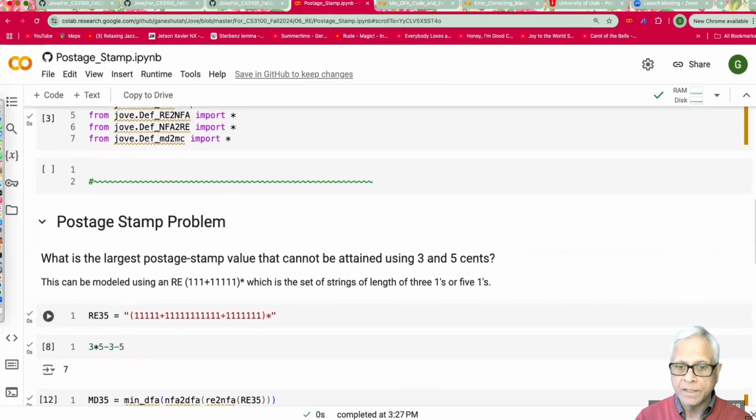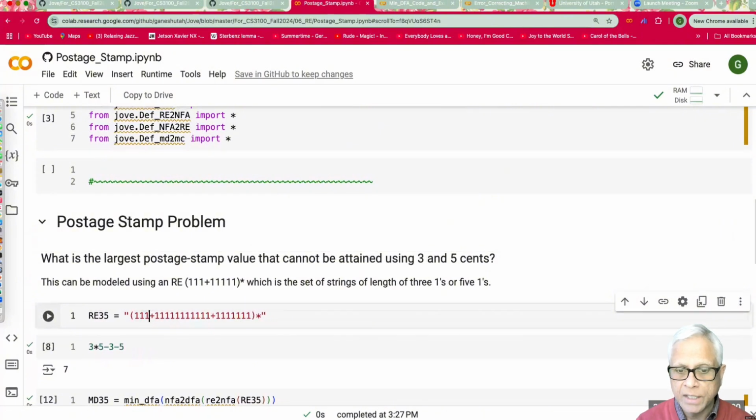How about if I try stamps that are not relatively prime? Let's say 6 and 9. What would be the answer? The expression is (111111 + 111111111)*. What is your guess? Is there a stamp value that cannot be made?